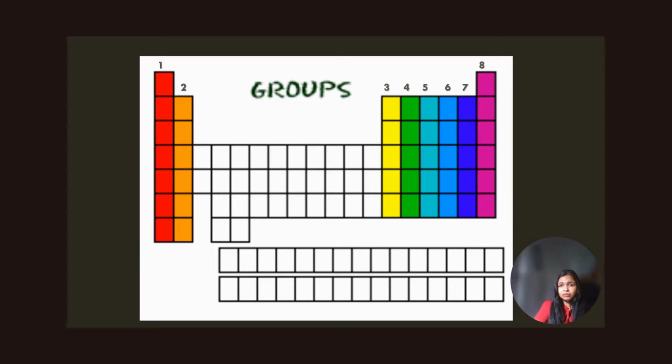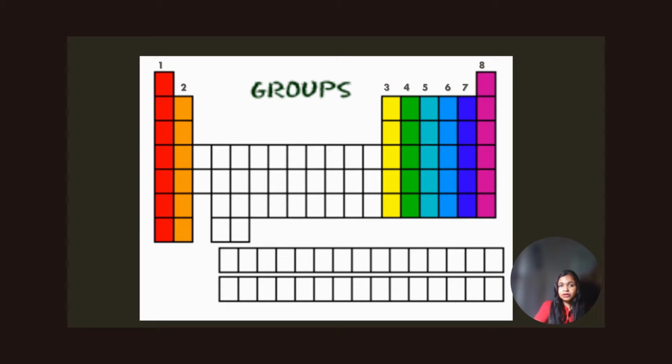Some of the special groups of the periodic table: the first group, where all these elements, starting from hydrogen, lithium, sodium, potassium, rubidium, cesium, and francium are present, belong to group 1A. They have 1 valence electron. You simply go by the group number.